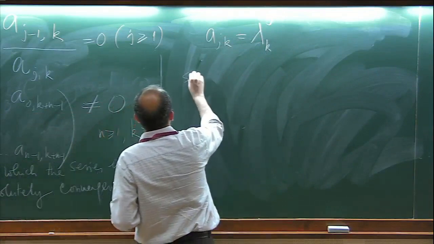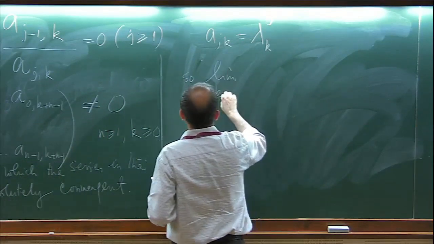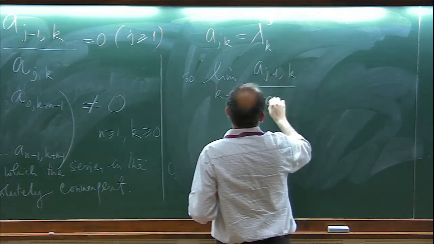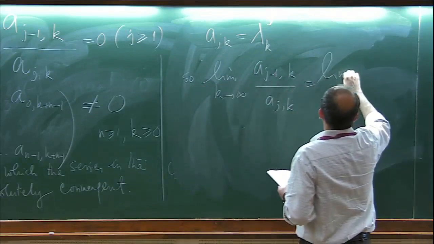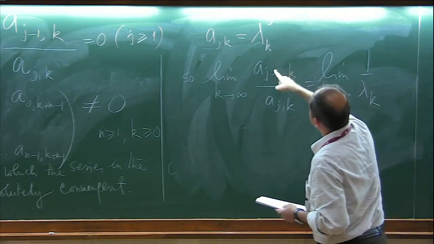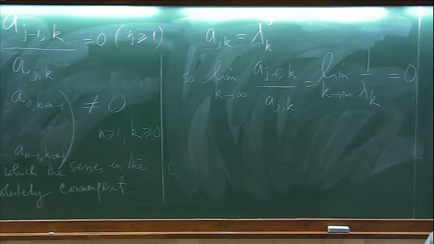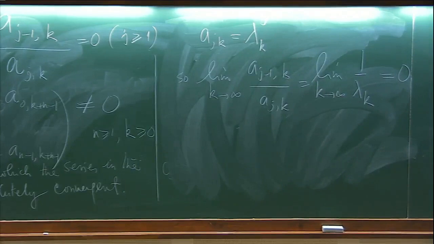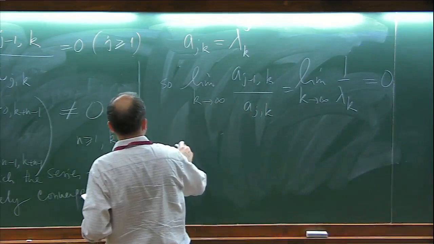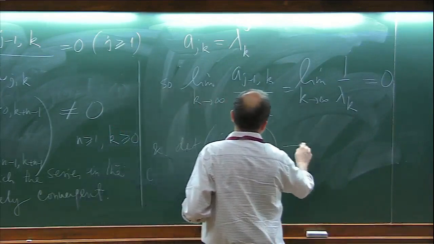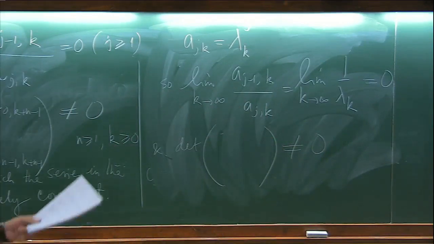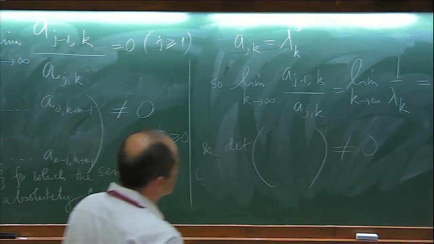And therefore, the limit as k goes to infinity of this ratio a_{j-1,k} over a_{jk} is exactly the limit as k goes to infinity of 1 over lambda_k, right? The powers cancel out. This goes to 0 simply because we've chosen the lambda_i's to go up to infinity there. And each of these determinants is clearly non-vanishing because this is a Vandermonde type determinant. All the points are distinct, so that's also non-vanishing. So there is a solution.